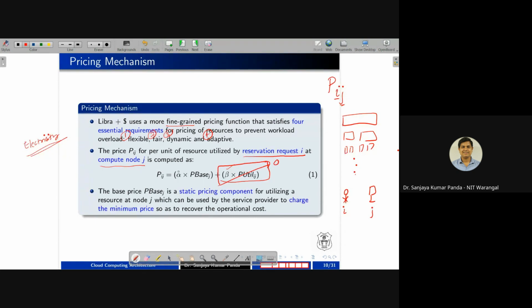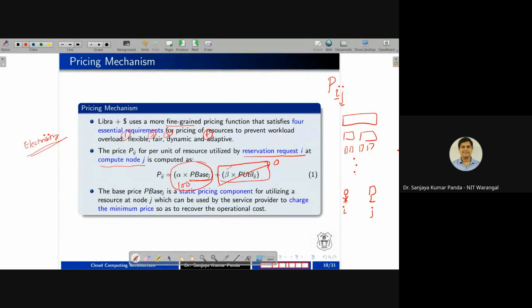But alpha is a static quantity, right? Some value is fixed, and the base charge is also mentioned, right? Like if you are not using electricity, you have to pay 100 rupees per month. If you are not using your mobile phone, you have to pay 200 rupees per month. Or if you take, let's say, railway reservation.